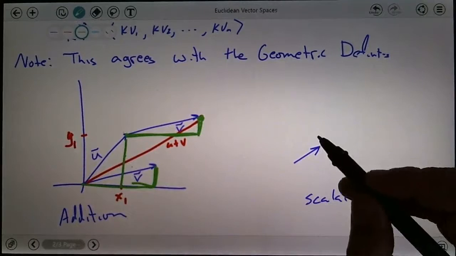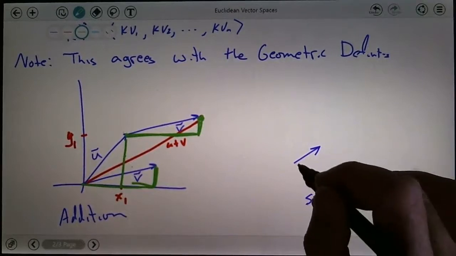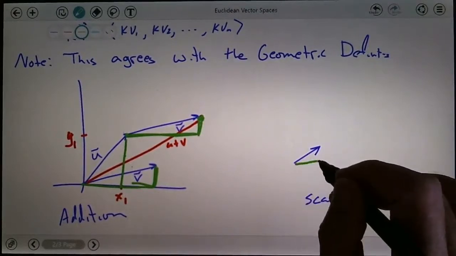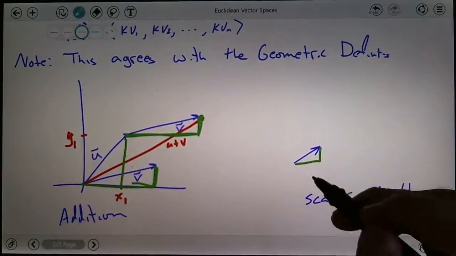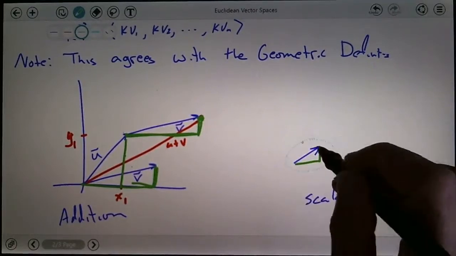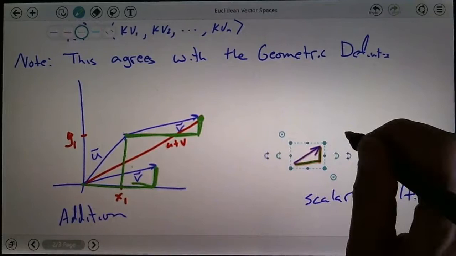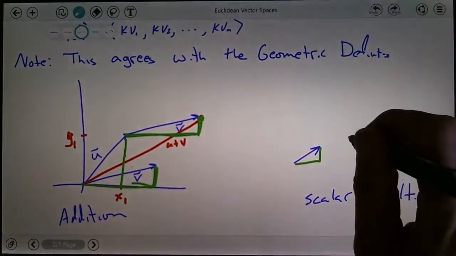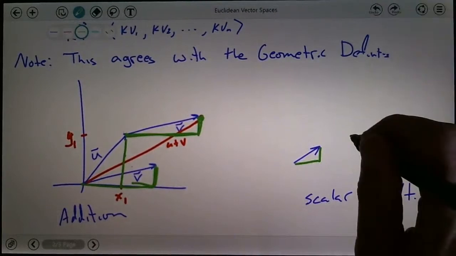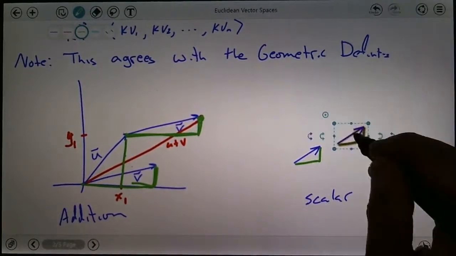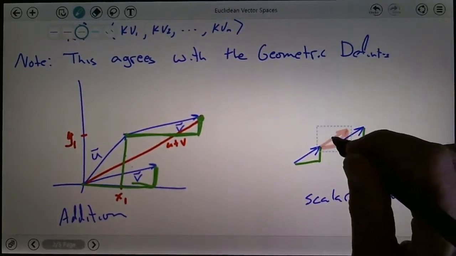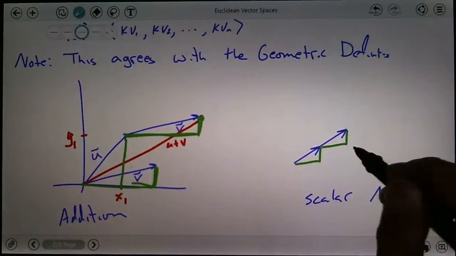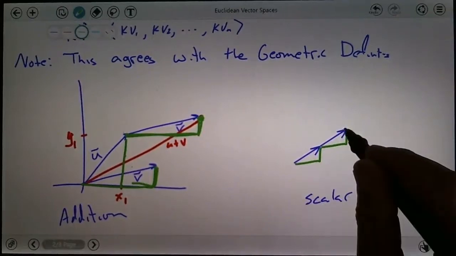Likewise with scalar multiplication, if you've got the x and the y coordinate here, and you're then going to scale this. There's the vector 2 times u.